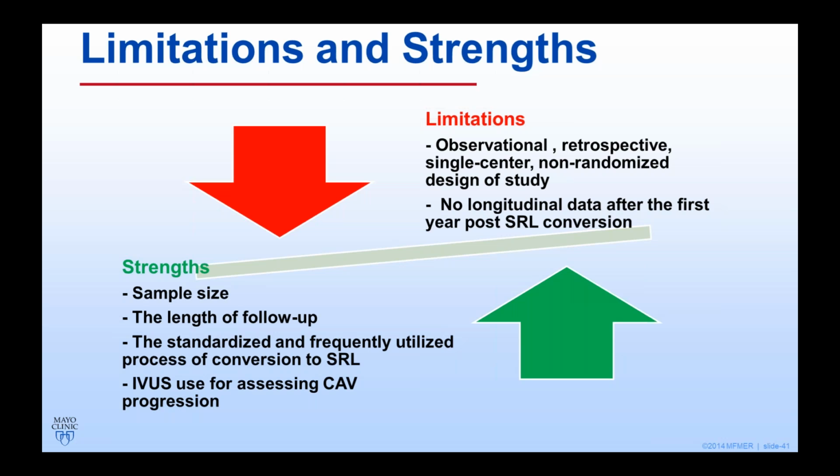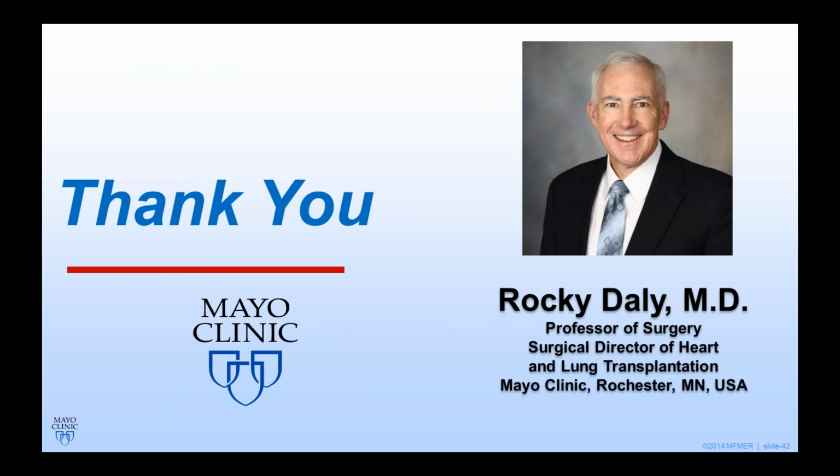The major limitation is this is an observational, retrospective, single-center, non-randomized design. And strengths might be the sample size and length of follow-up, that there was a standardized protocol for conversion to sirolimus, and that IVUS was routinely used for assessing coronary allograft vasculopathy progression.